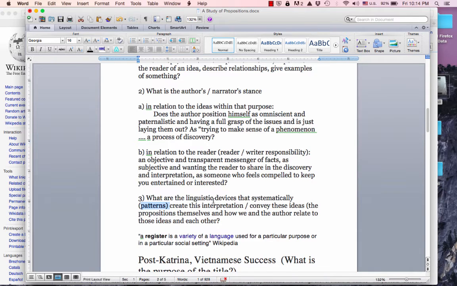What are the linguistic devices that cue us into this interpretation? That is to say, cue in our interpretation of this relationship between reader and writer, and cue the relationship between the writer and the facts themselves, or the writer and the propositions themselves.